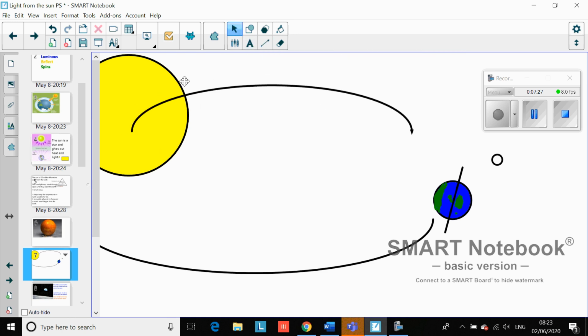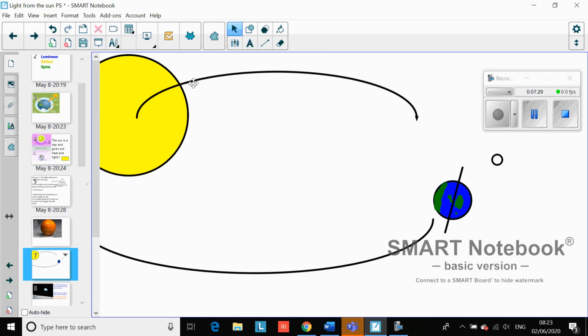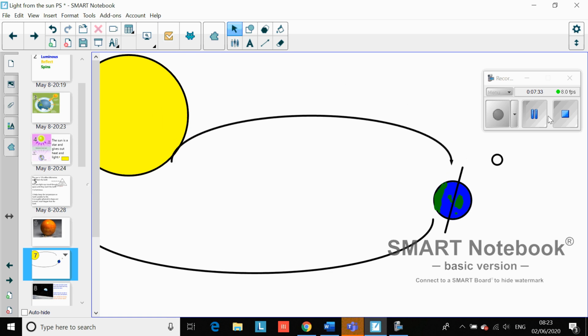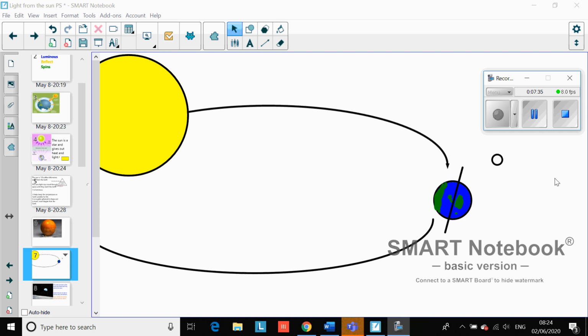Okay, so go all the way around the sun, and I haven't drawn that very well. Right, sorry about that. So as you can see, the Earth goes round the sun. Okay, so the first thing you need to do is write that down. So somewhere next to this diagram, maybe underneath, the Earth goes around the sun. Okay, and you've got to think, how long does that take?